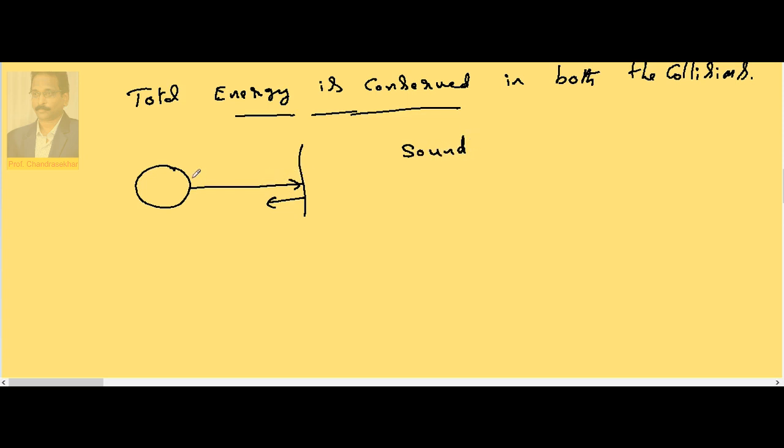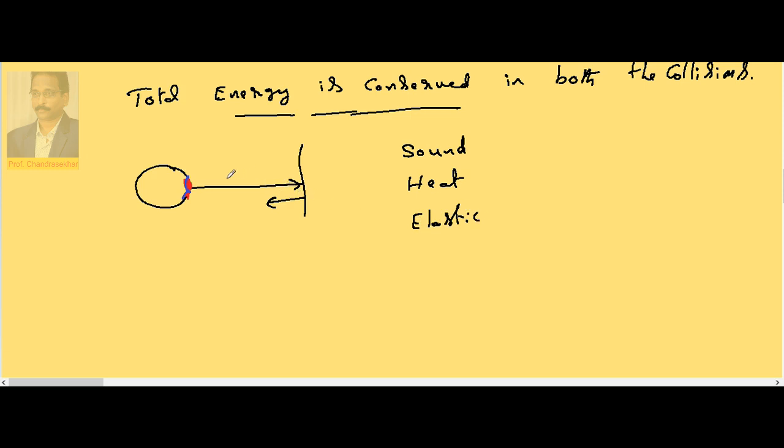At the point of contact, if you touch this surface after collision, you can feel a rise in temperature. So heat is produced, and there is a possibility for a shape change, deformation. After hitting the wall, when it comes back, you can notice there is a deformation possibility. So this is called elastic energy.